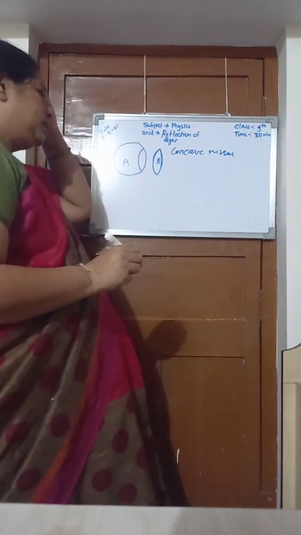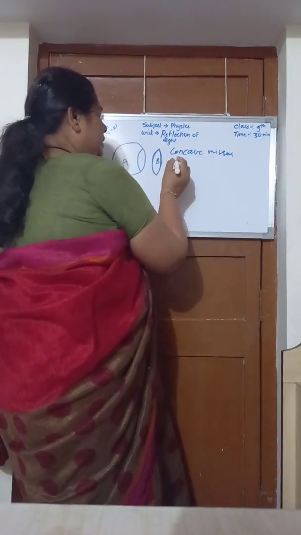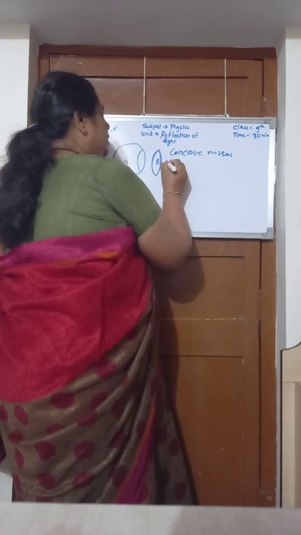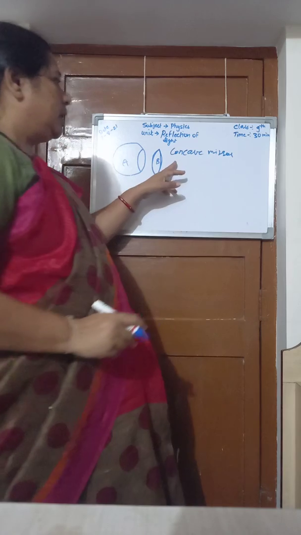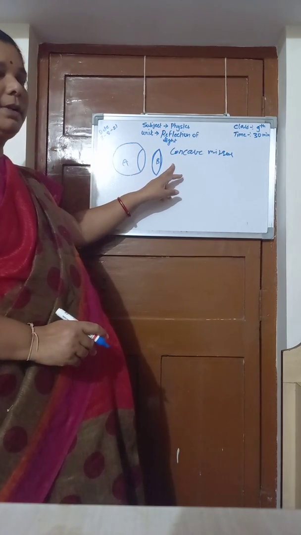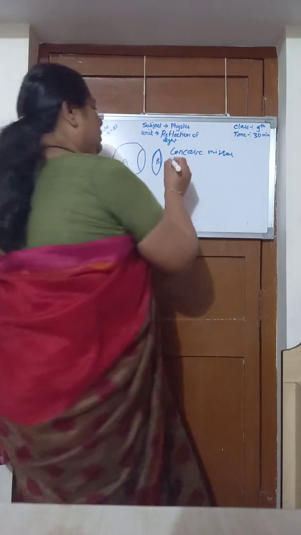What is a concave mirror? In a spherical mirror, if the inner surface acts as a reflecting surface, then it is called a concave mirror.